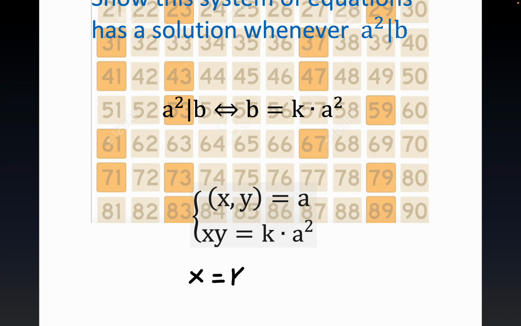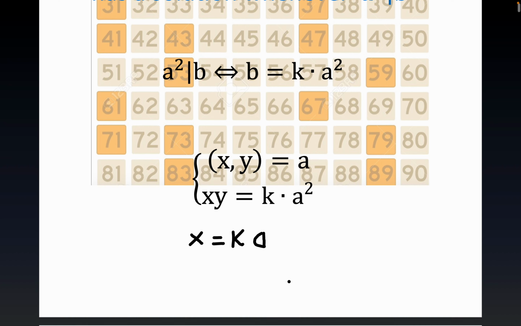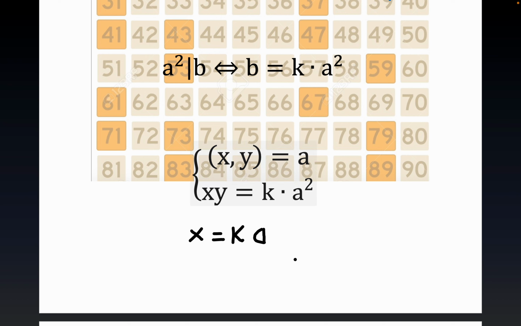X equals ka. And I'm going to do my best, my a sometimes looks like an o, but that verticalness hopefully will convince you that it is a ka. And also we'll pick y equal to a.